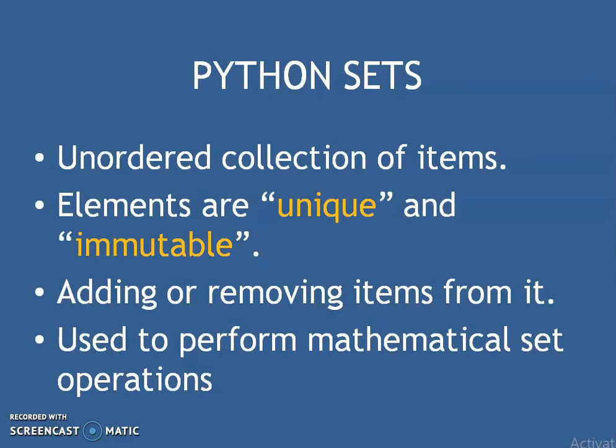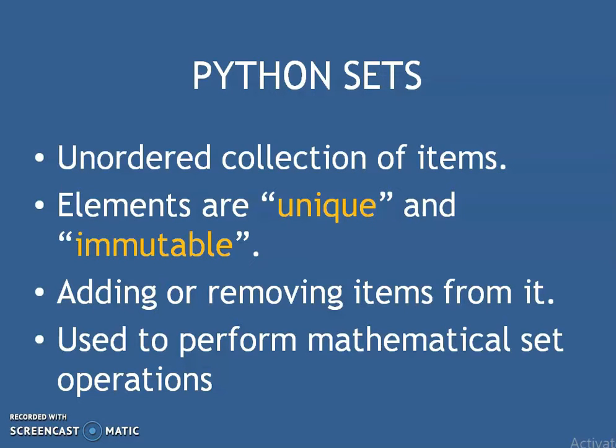First, let's see what Python sets are. A set is an unordered collection of items. Its elements are unique and immutable. You can add or remove items, and it is used to perform mathematical set operations. Some of the keywords of a set: it should be an unordered collection of items, every element should be unique with no duplicate elements, and the elements are immutable, as we have seen before.